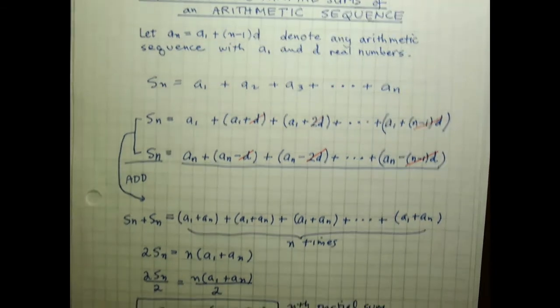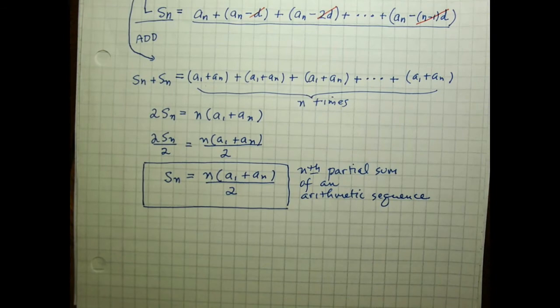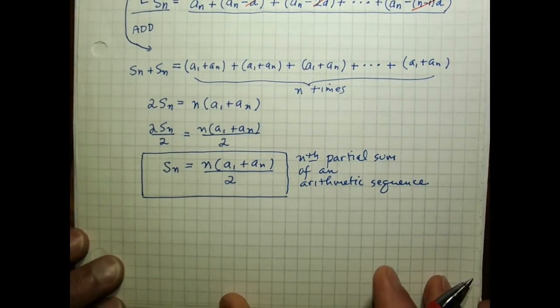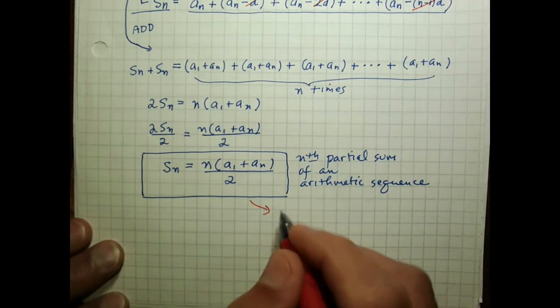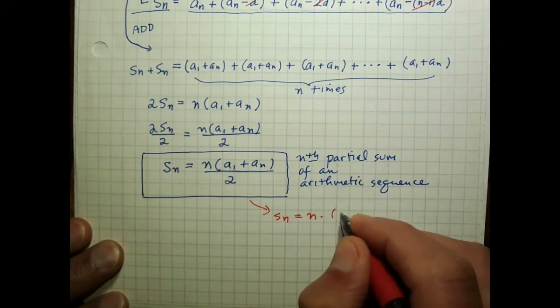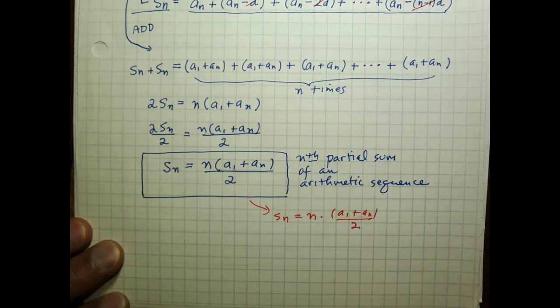And I just want to make one observation here: one way I think of this formula is Sn is equal to n times (a1 plus an) over 2. That's equivalent.